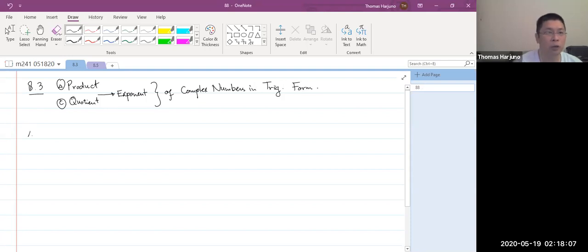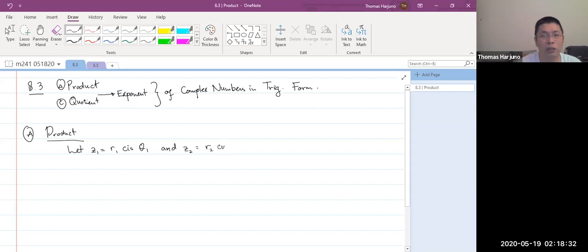Okay, the first one, the product. Let the first complex number be R1 cis theta 1, and the second complex number be R2 cis theta 2.